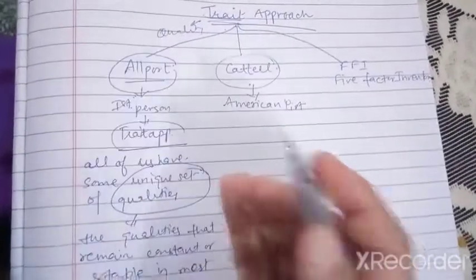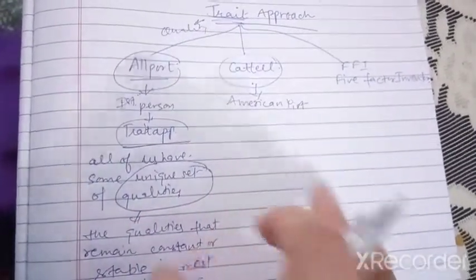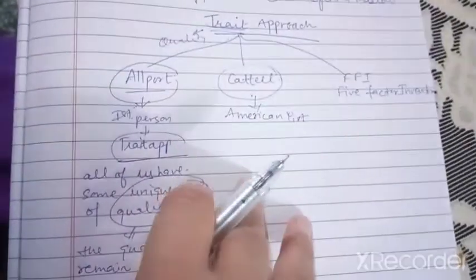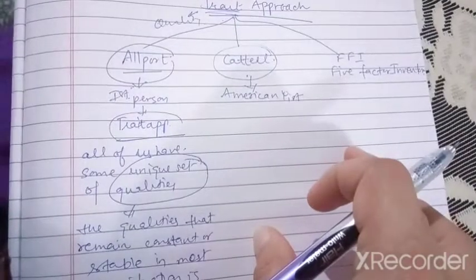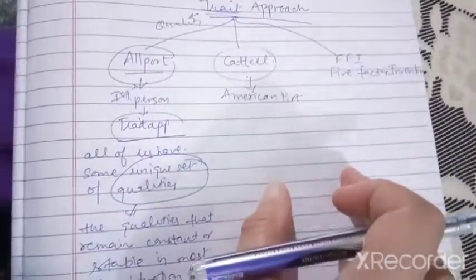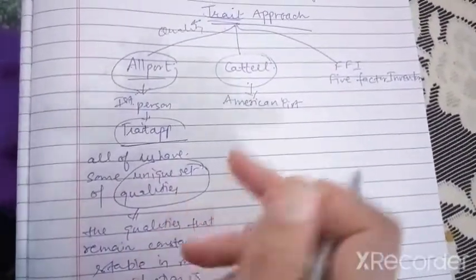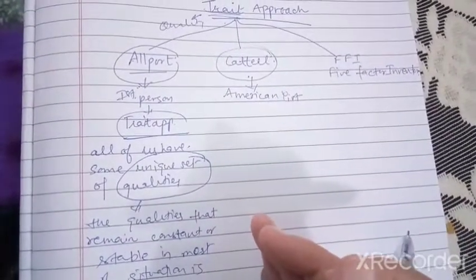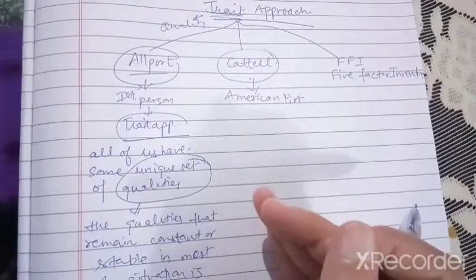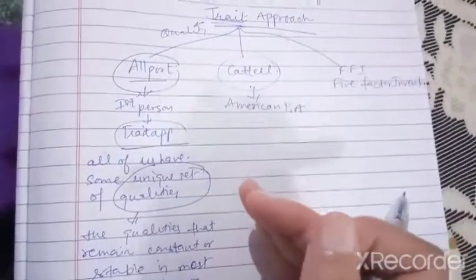Let me clarify more: whenever any situation comes in front of us, how we react towards that situation comes from our behavior, meaning whatever we have learned earlier, and that reaction is called the trait of my personality.